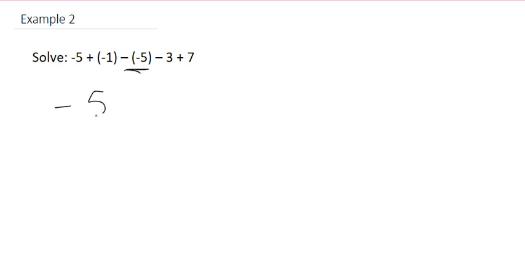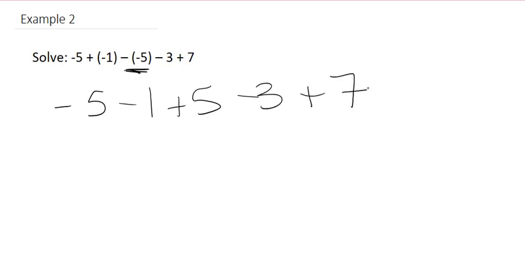We have negative 5. This becomes minus 1. This becomes plus 5 minus 3 plus 7. So now we've rewritten our problem. We can now begin adding and subtracting.